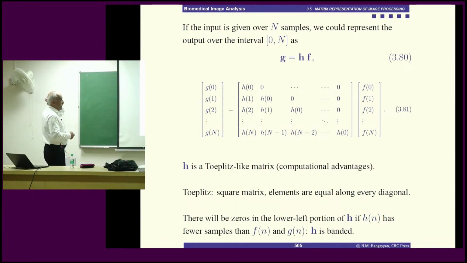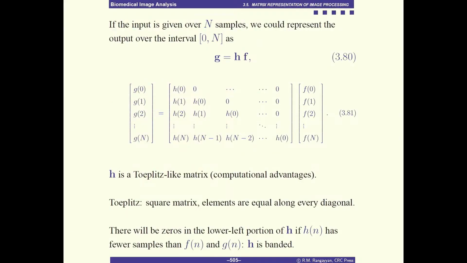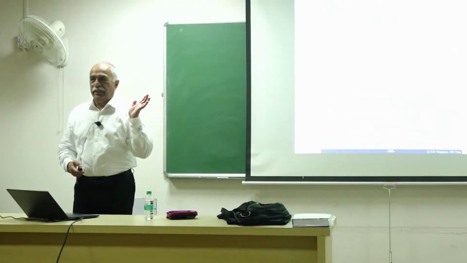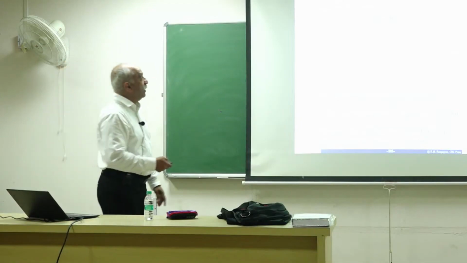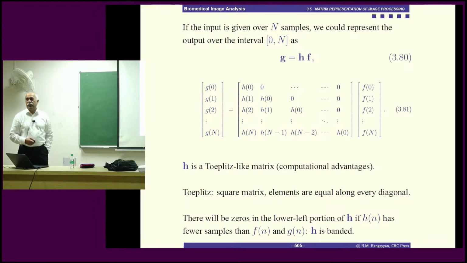If the input is given over n samples, we could represent the output over that range 0 to n as g = Hf. So this is the matrix representation for 1D. f is an array like that, 0 to n samples. g is the output. This matrix H is computed using the values of the impulse response.